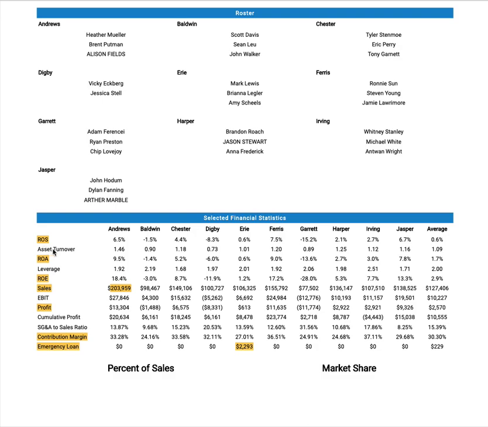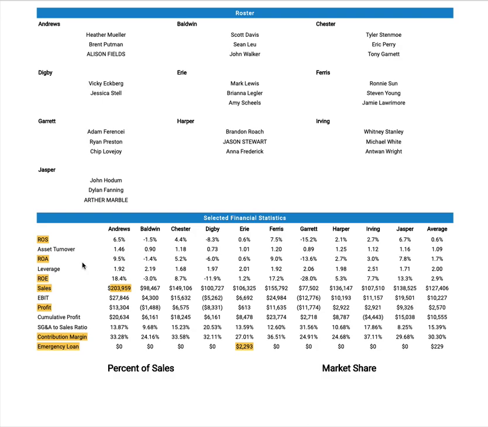An increasing ROS indicates that a company is growing more efficiently. However, if your ROS ratio decreased, that is a sign of financial trouble. So if your team's ROS is decreasing compared to last round, then your team needs to pay attention.